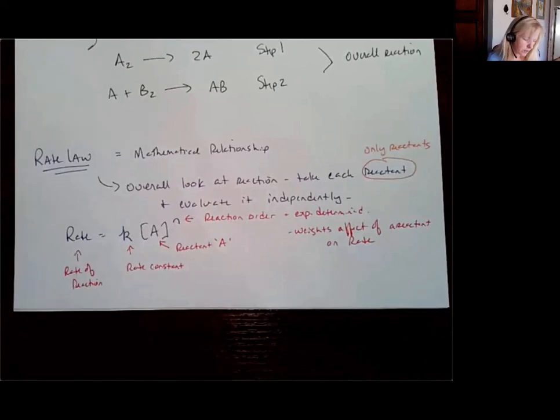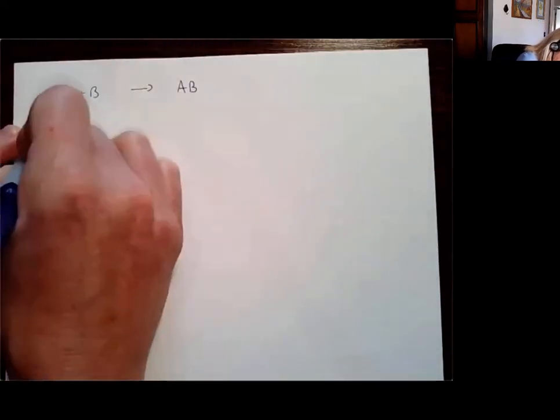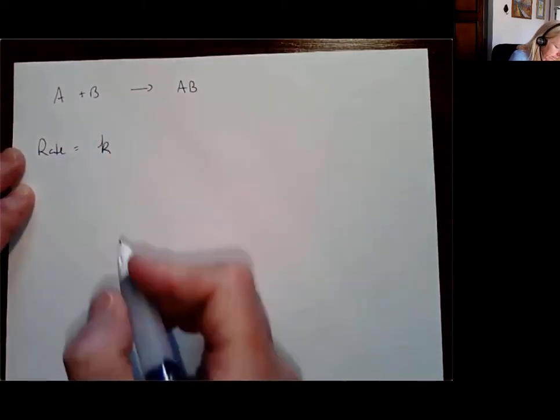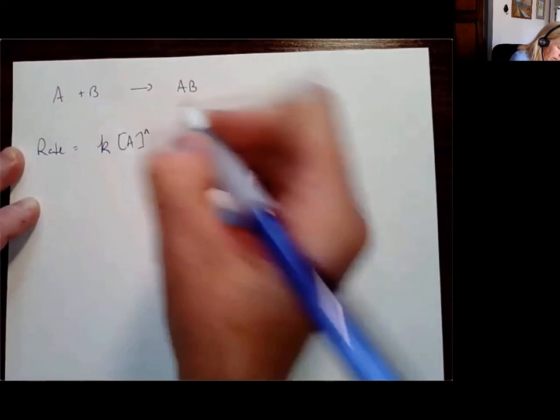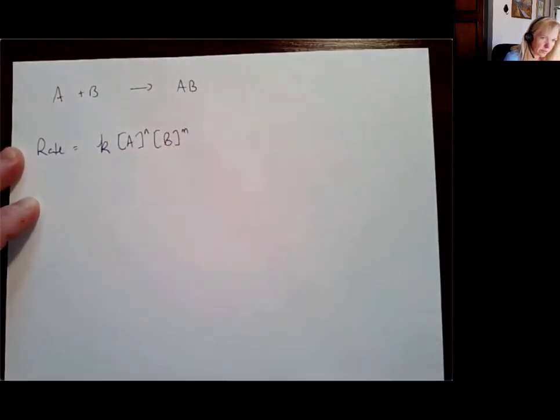If I have a chemical reaction where I have more than one reactant, so let's say I have A plus B goes to AB, now my rate law would look like this. I would still have a rate constant. Then I would have concentration of A to some power times the concentration of B to some other power.